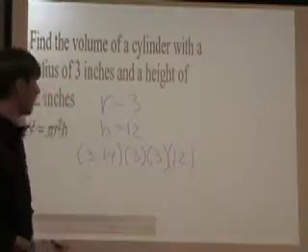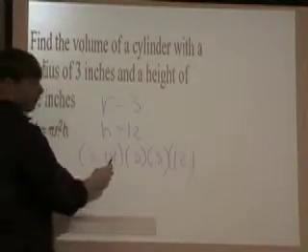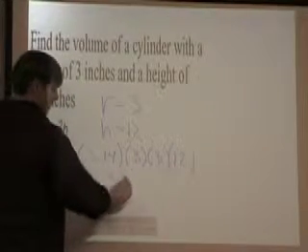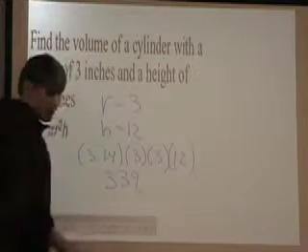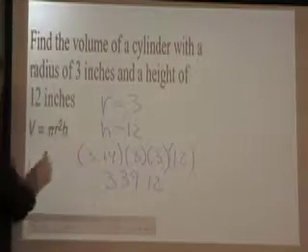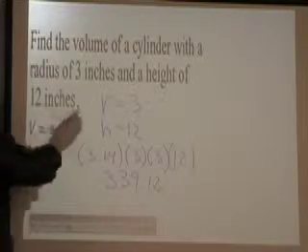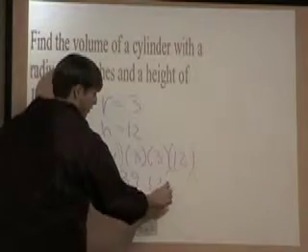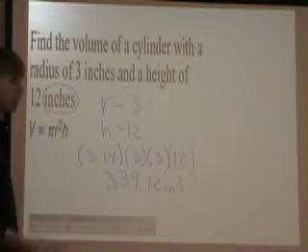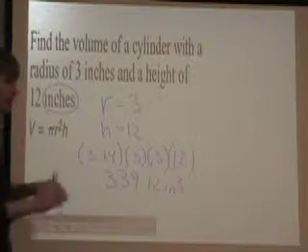When you multiply all this out, 3.14 times 3 times 3 times 12, you get 339.12. And now if you don't put your unit, it's wrong. Inches is what? Inches cubed. Don't say triple or 3. Cubed. Okay, 3 dimensions here.